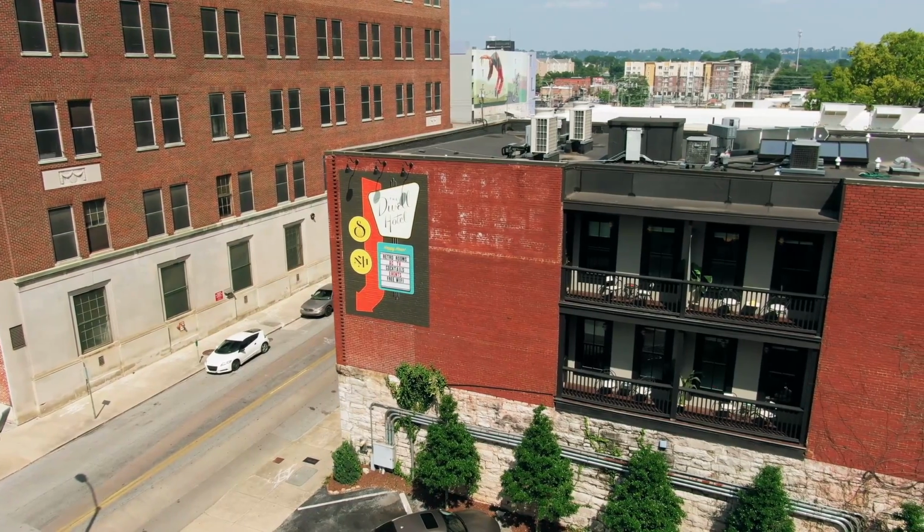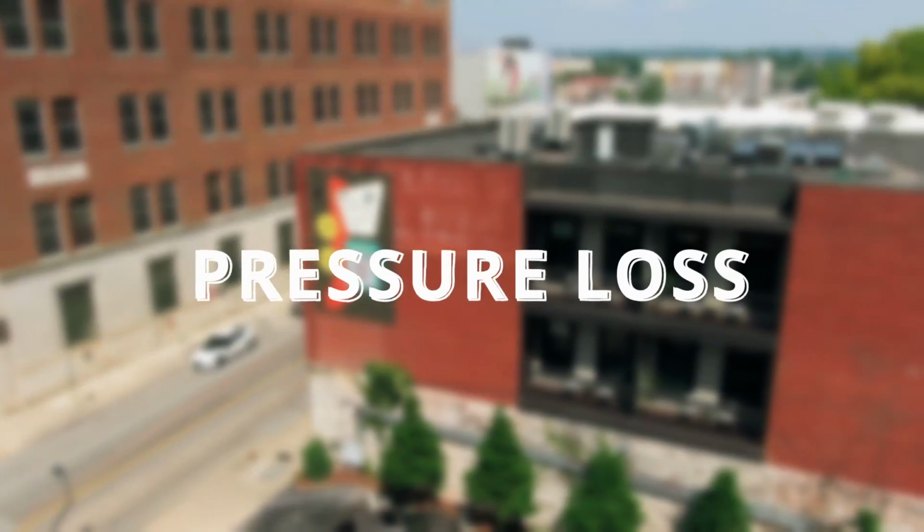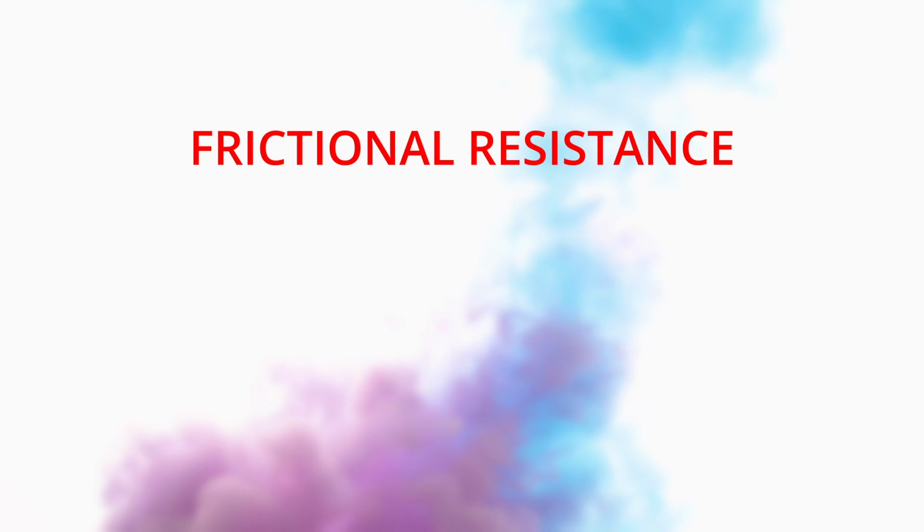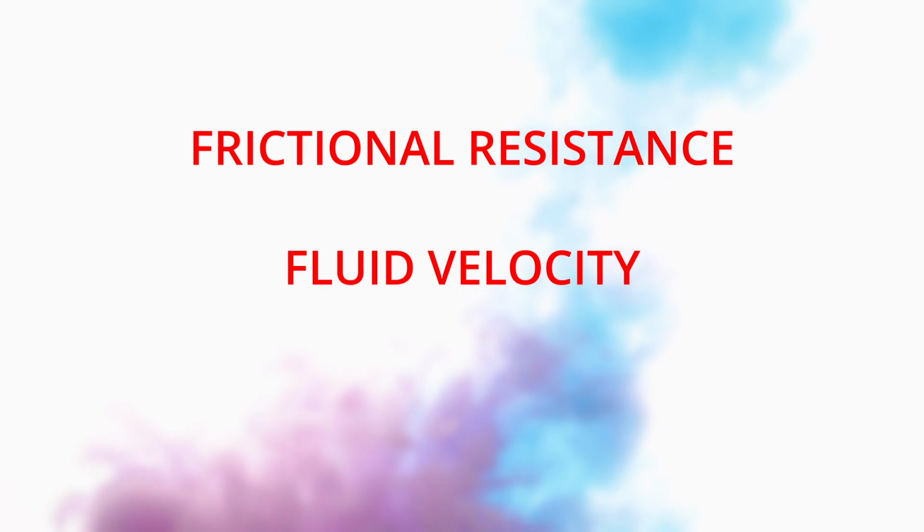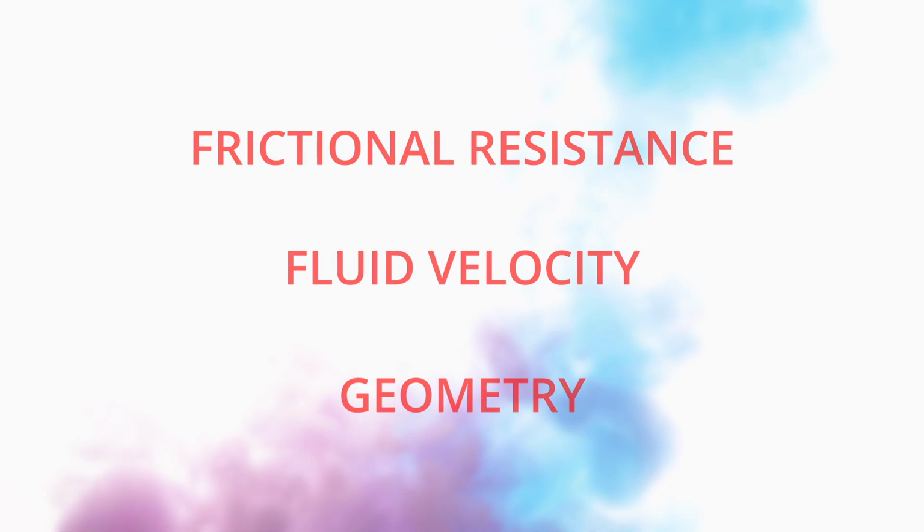But there's still one thing left to understand: pressure loss. Pressure loss represents the reduction in pressure or total energy of the fluid as it flows through a system due to various factors, such as frictional resistance, changes in fluid velocity, and alterations in system geometry. There are 2 main types of pressure loss. Frictional losses.